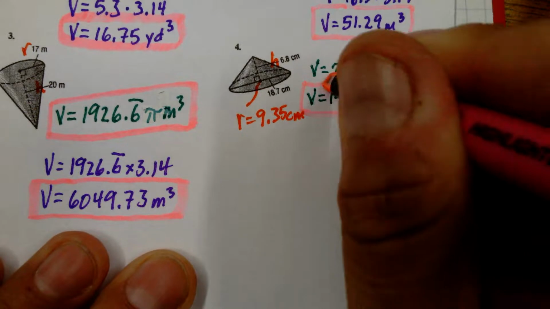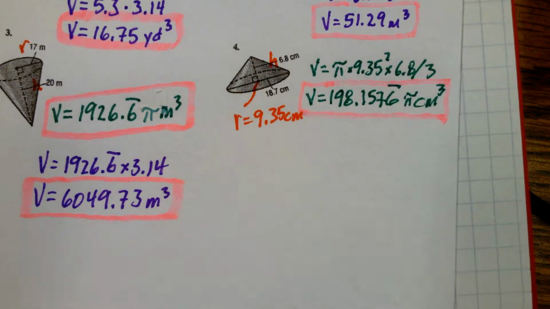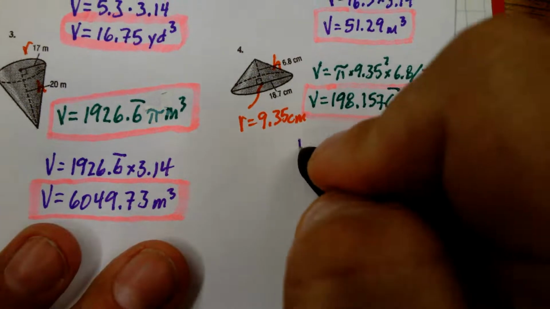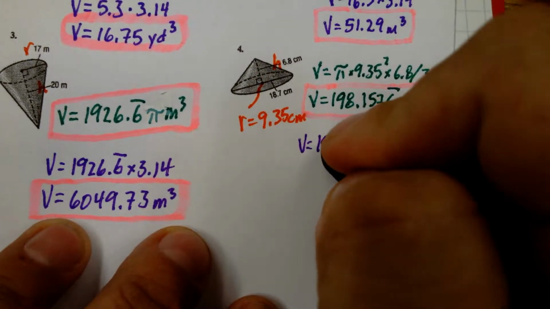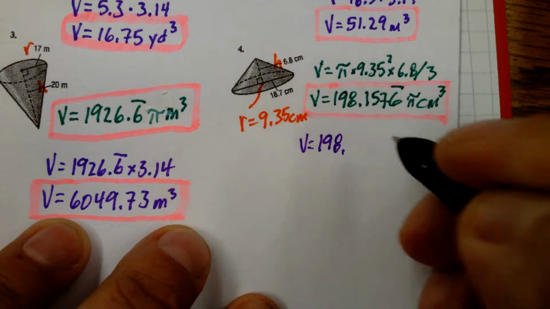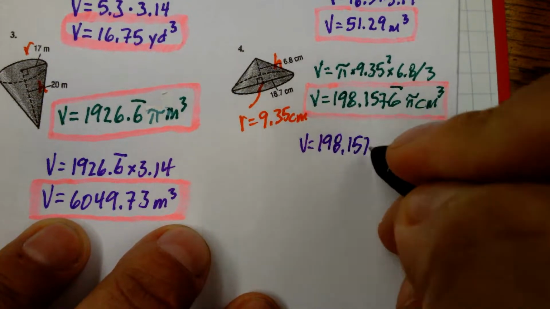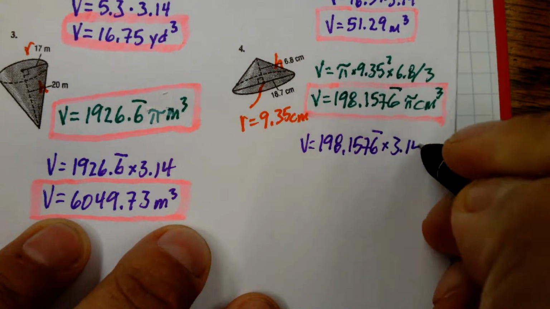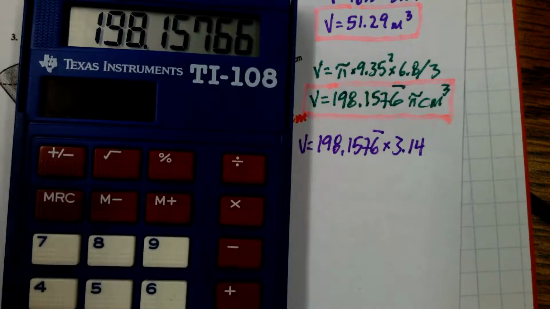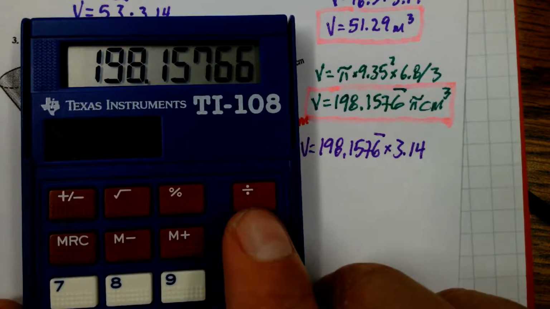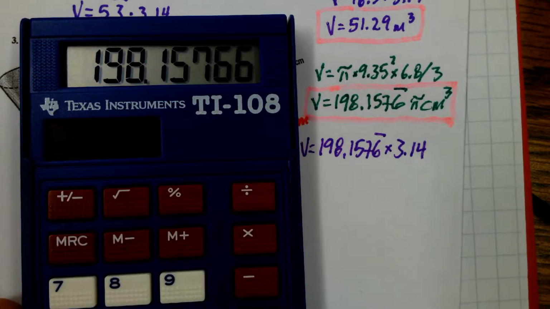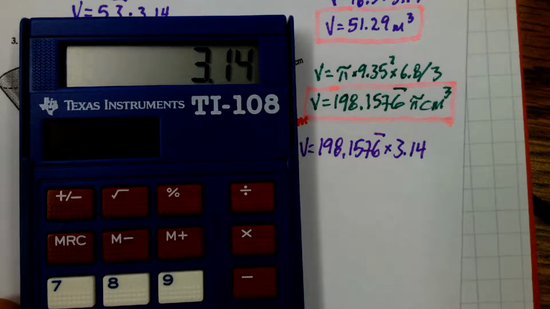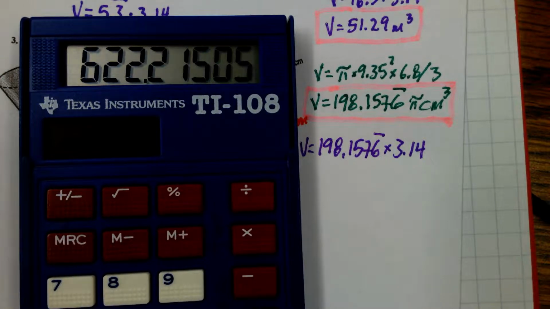Let's approximate this with 3.14. Okay, so volume is 198.1576 repeating times 3.14. So take your number here and let's multiply it by 3.14. And that'll be 622.22.